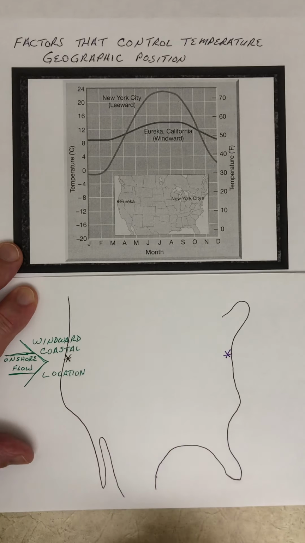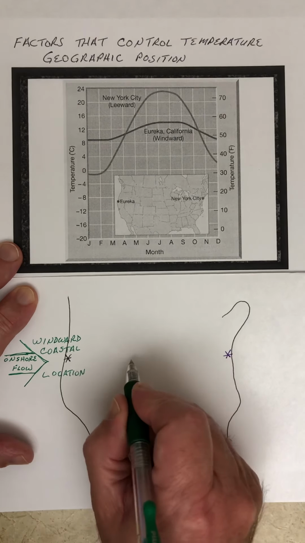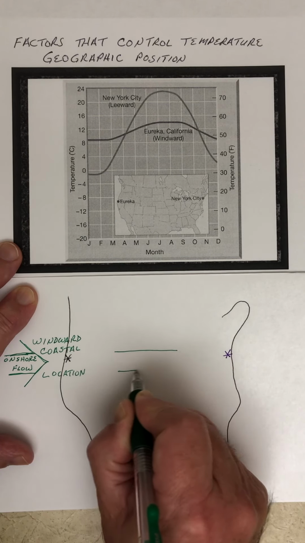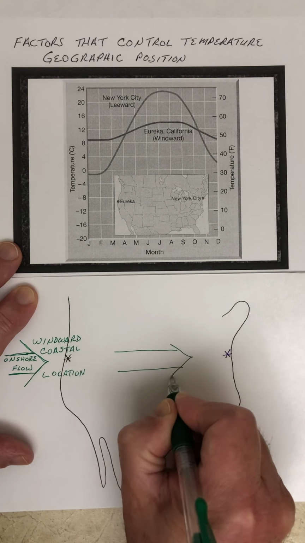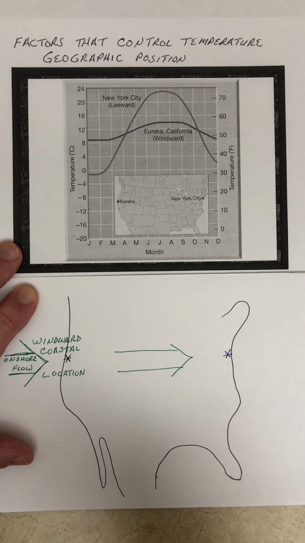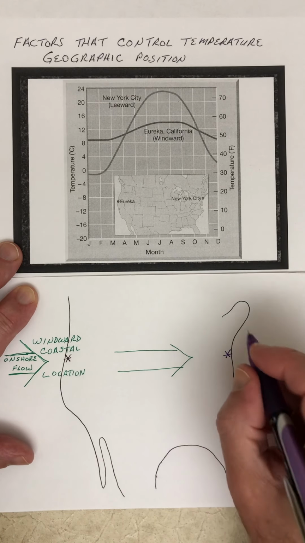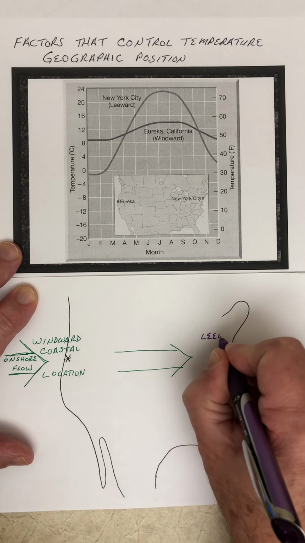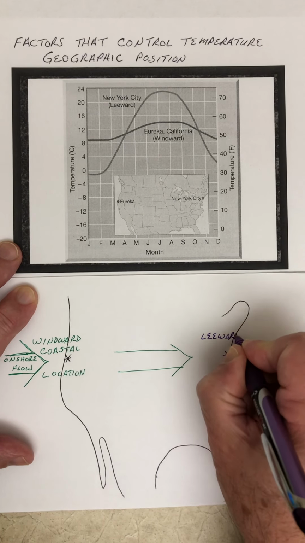So now we've got wind that is flowing over the continental United States. And in this particular case, we call this a leeward coastal location.